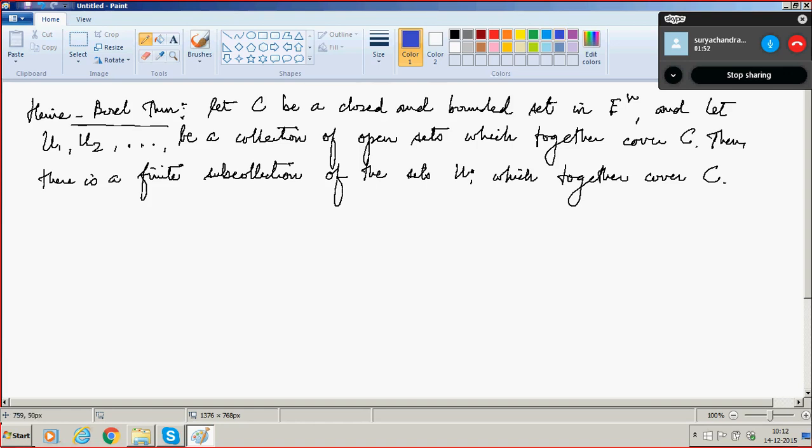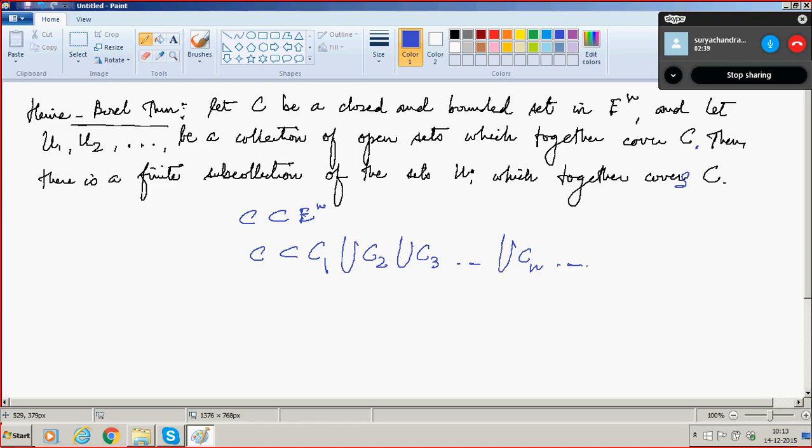So you want to use a collection of open sets which together cover C. Then there is a finite subcollection of the sets U sub i which together cover C. What it means, Surya? C is a closed and bounded subset of En. But C is also a subset of C1 union C2 union C3, so on and so forth, union Cn, the chain continues.